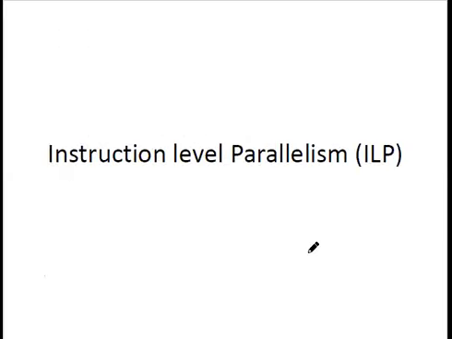So let us today start with instruction level parallelism. When we implement the pipelining structure in instructions at the processor level, that concept becomes instruction level parallelism.